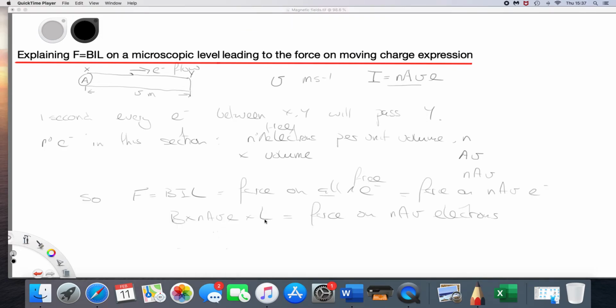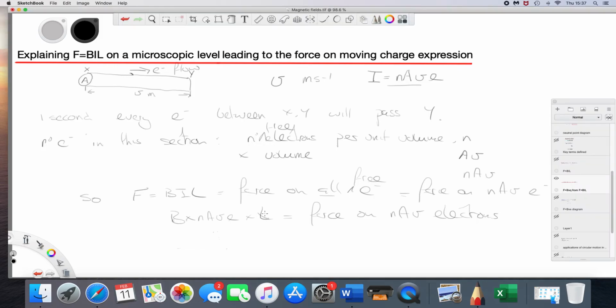Since L is v, I should probably have written that in as v, because that's the number of electrons in that volume. So we have B times nAve times v again, so B times nAv squared times e is the force on nAv electrons.